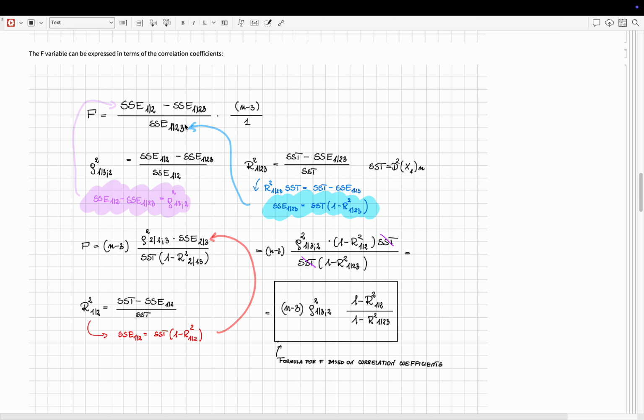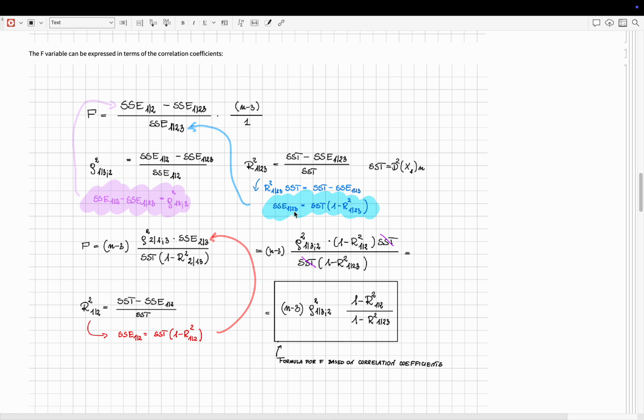Similarly, we can look at the definition of the squared correlation coefficient for multiple linear regression, and from that we can express the denominator using the sum of squares of errors of the model.